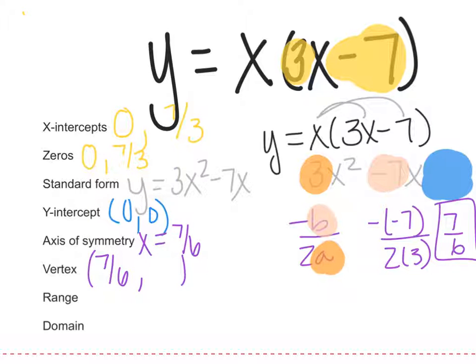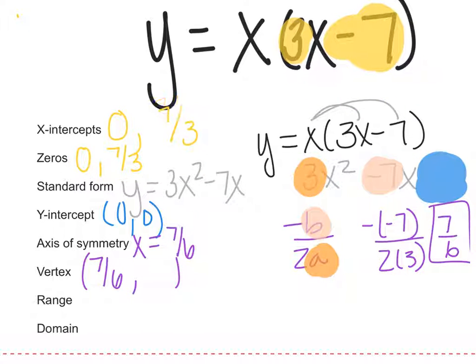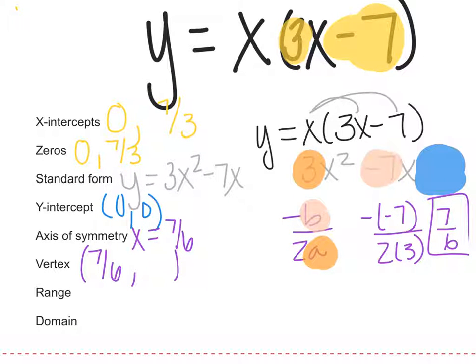To find the other half of my vertex, I need to plug this in, 7 over 6, into my original equation, which was, again, y equals, instead of x, I'm going to plug in 7 over 6 times 3, and again, instead of x, I'm going to plug in 7 over 6 minus 7.